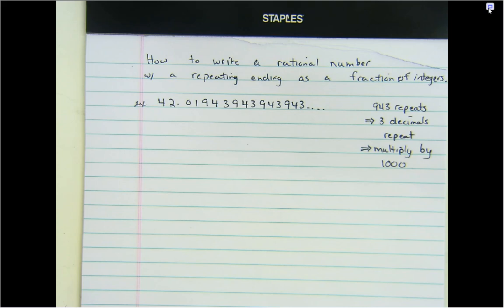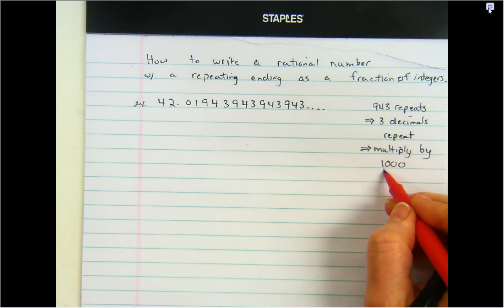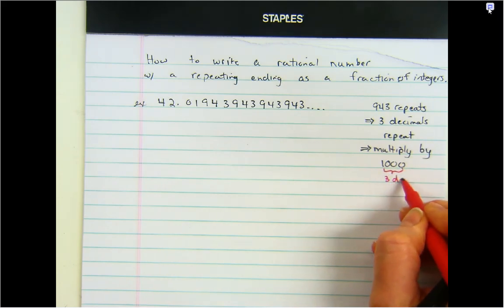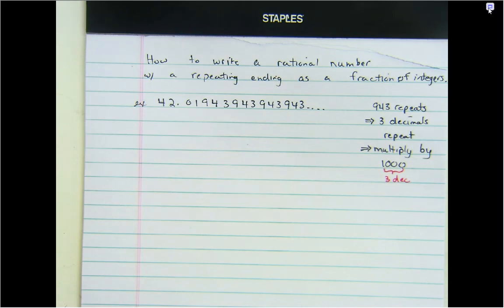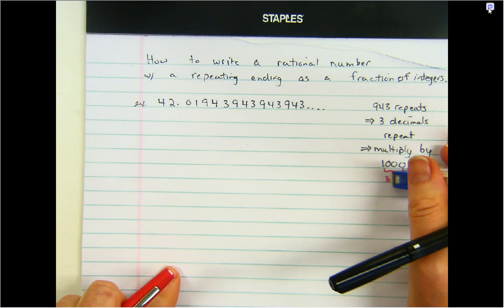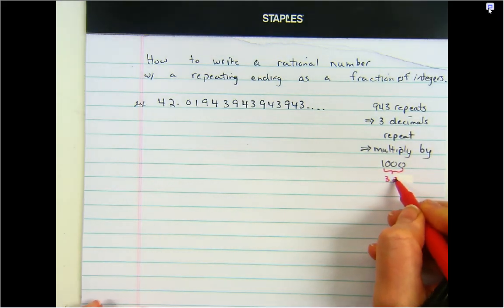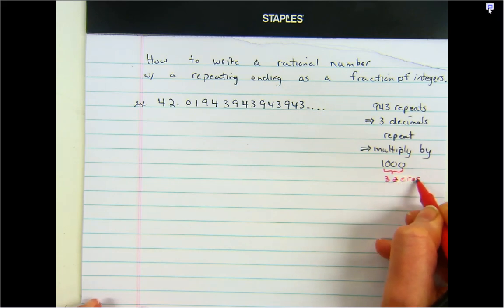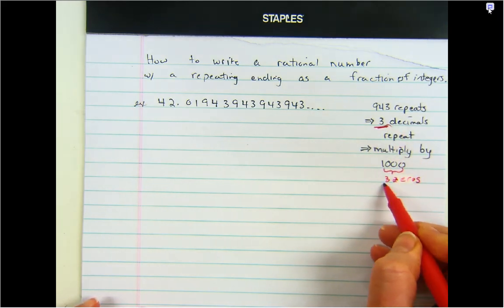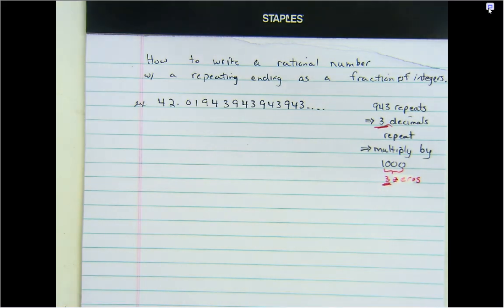Now we're picking 1,000 because it has three zeros. We had three decimal places repeating, so we multiplied by 1,000 that has 3 zeros. So the 3 and the 3. 3 decimals, we need 3 zeros in our power of 10. So we're always picking a power of 10 with the same number of zeros as decimals repeating.